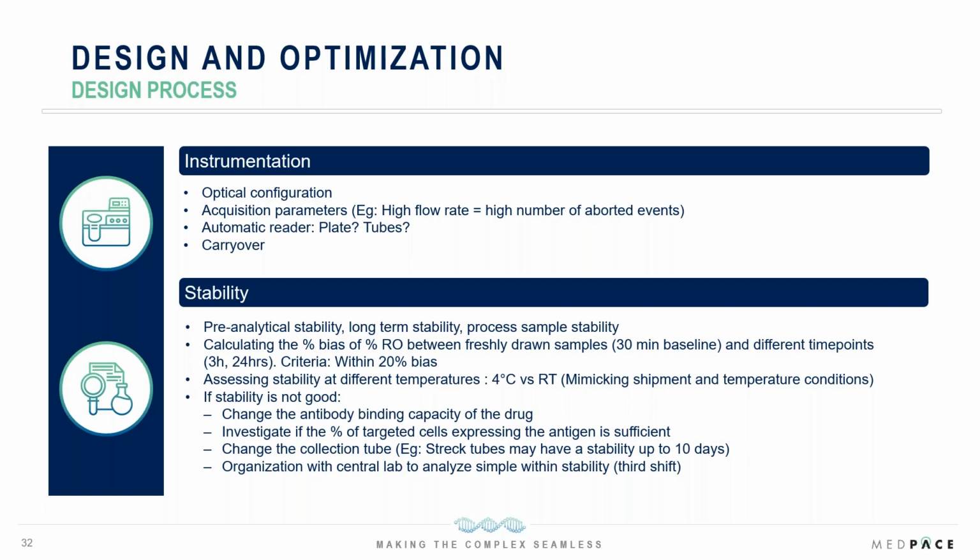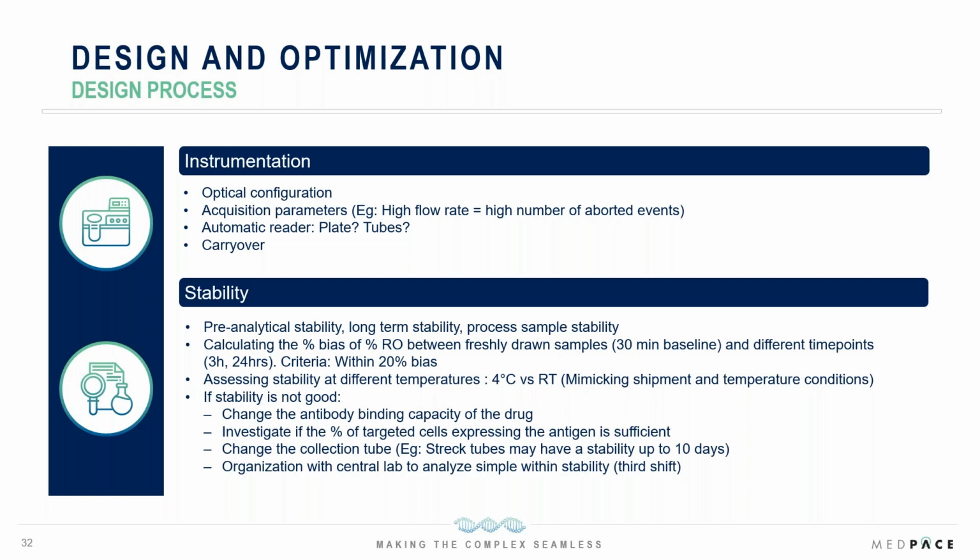You really need to think about the acquisition capabilities of the instruments, such as the flow rates or the possibility to acquire in tubes or plates, because all instruments are different. Something that I think is really important when you develop an assay: it's always good to avoid running samples at high flow rates in order to avoid having a lot of aborted events.